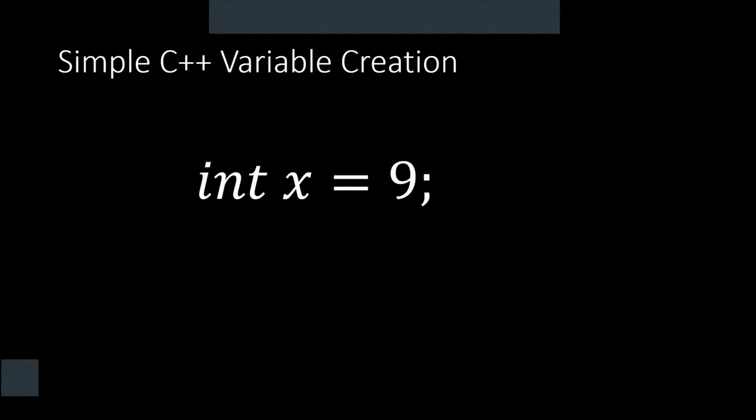Before that, let's see how we can create a variable in C++, how we can declare a variable and store a value into it. In C++, this is one line of code in which you can create a variable and store some value into it. What is the variable name here? This x is the variable name that I have given to the variable. It is also called the identifier.